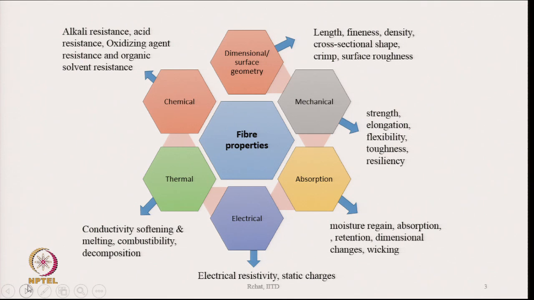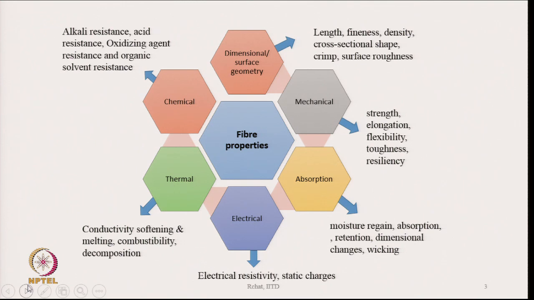Absorption property basically means properties related to moisture regain or moisture content, absorption of water within the fiber, then retention of water by a fiber, dimensional changes if at all there, which is possible in some cases, that the fibers may show swelling, especially diameter swelling is important in many cases, and then there could be the weakening phenomena also could be a part of absorption.